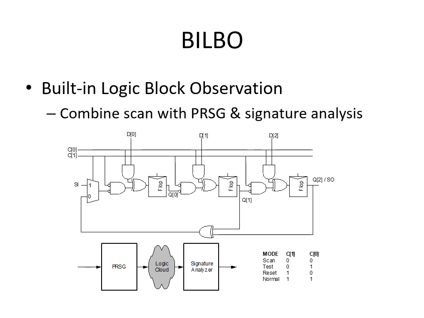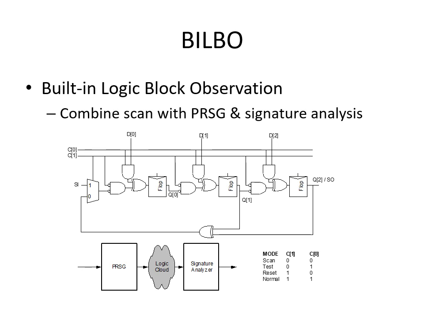The combination of signature analysis and the scan technique creates a structure known as built-in logic block observation. The built-in logic block observation combines the normal flip-flops with a few additional gates to provide 4 different functions, based on the values of C0 and C1.